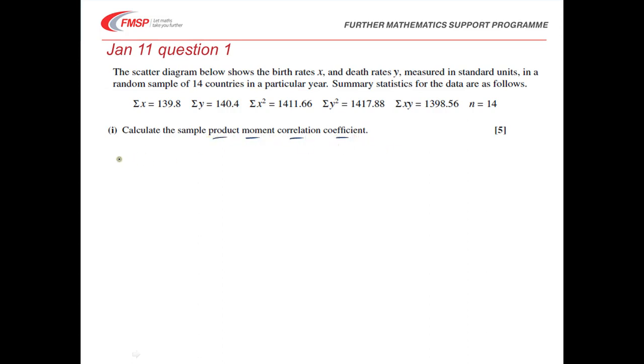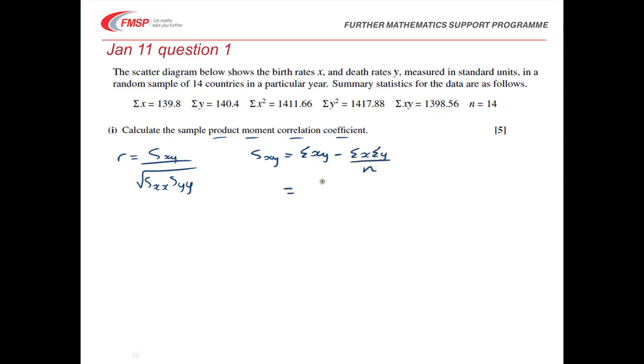Okay, so there is a formula for this. It's r is equal to Sxy over the square root of Sxx Syy. So we need to work out each of these constituent parts. So let's do Sxy first. In your formula sheet we're told that Sxy, which you could also do using covariance, but this is the more standard way of doing it, is the sum of xy minus the sum of x, sum of y over n.